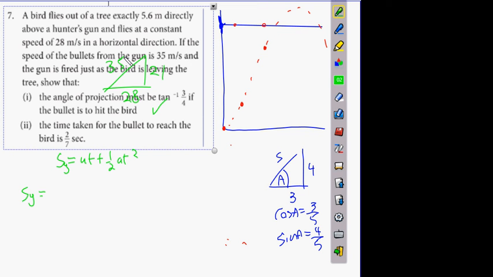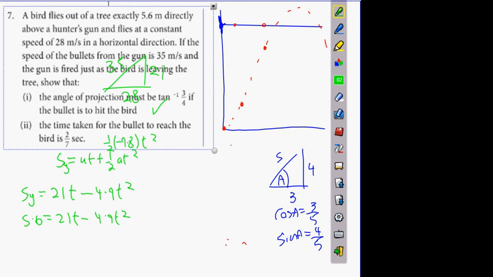So the U value in the Y direction was 21. So it's 21 times T plus a half times minus 9.8 times T squared, which is minus 4.9 T squared. The height it has to reach is 5.6 meters. So SY is 5.6 equals 21T minus 4.9 T squared.